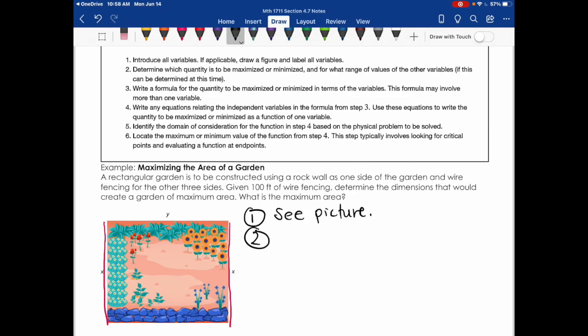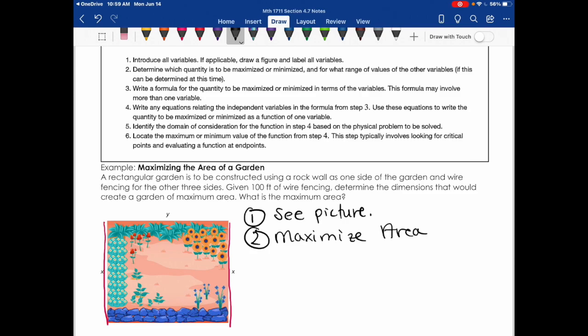Okay, number two says determine which quantity is to be maximized or minimized and for what range of values of the other variables can be determined at this time. Reading the problem, what we're trying to maximize is the area of this garden. Let me write this down. We're going to maximize the area of the garden.